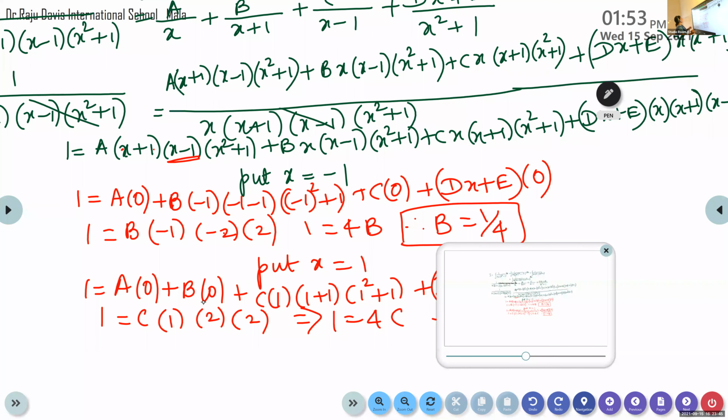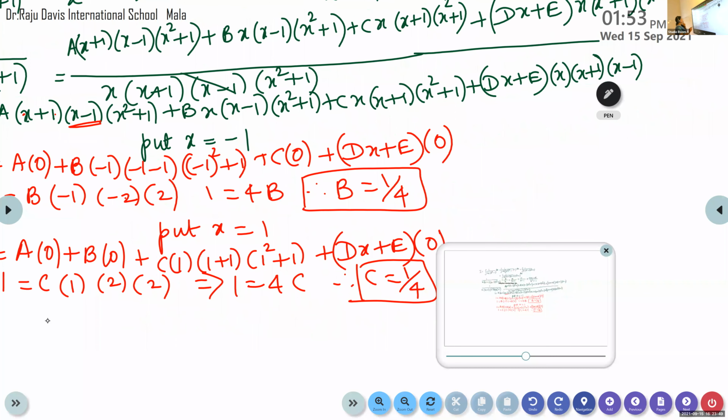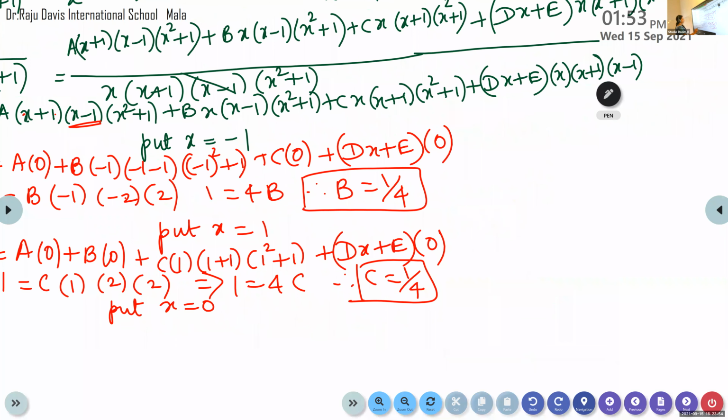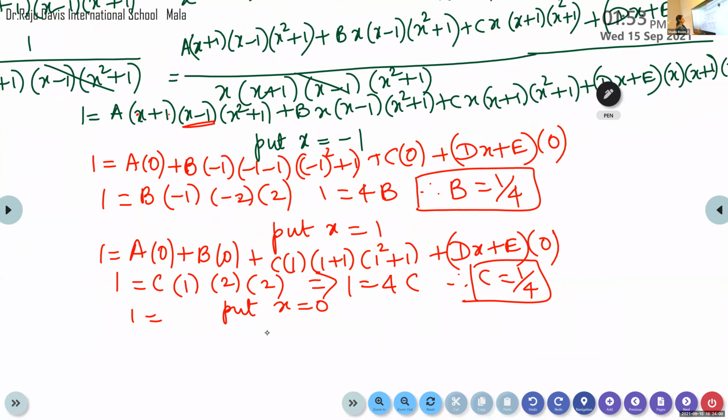When you put x as 0, what about the first term? 1 is equal to, in the first term you will get a into 0 plus 1 into 0 minus 1 into 0 square plus 1, plus b into 0, it will become 0, plus c into 0, plus dx plus e into 0.